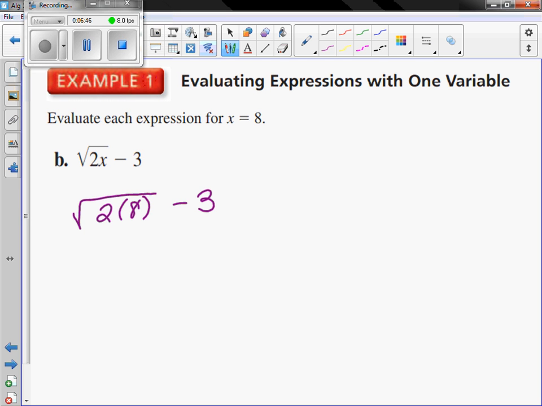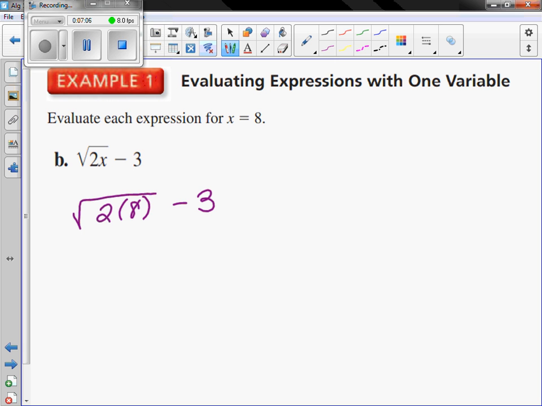Because if you don't and include this in the square root, it will give you a different number. Yep, so do second, and then this one.